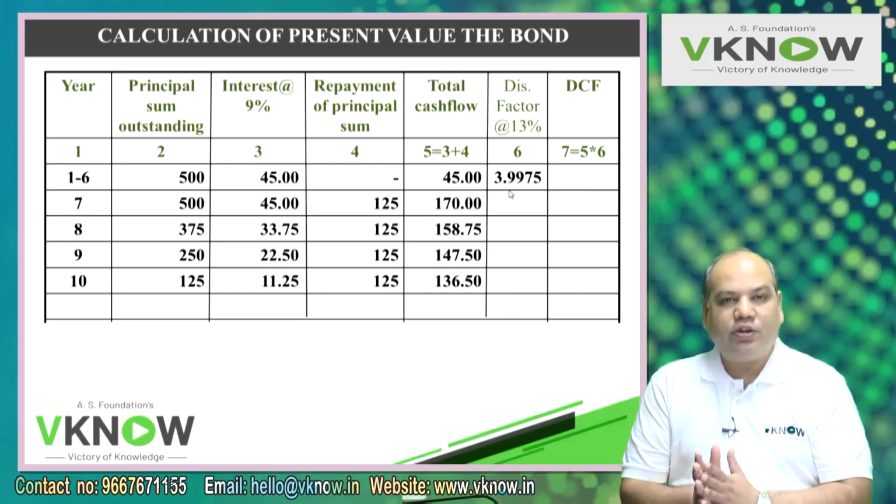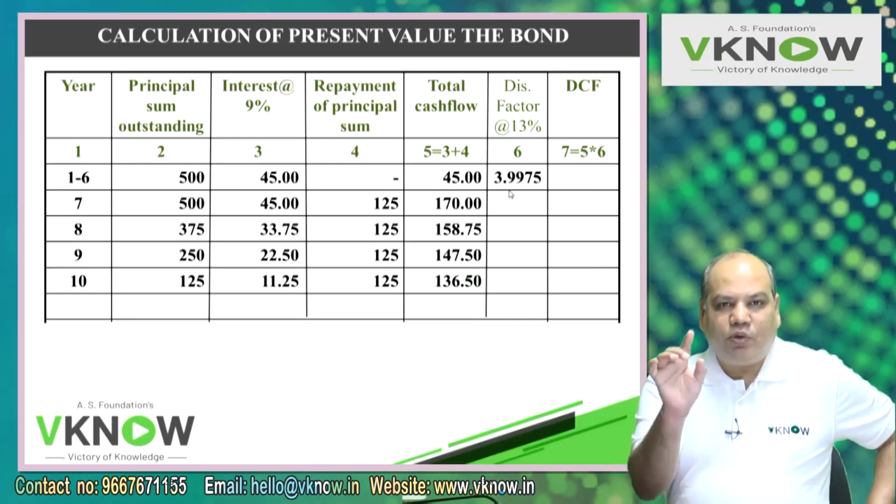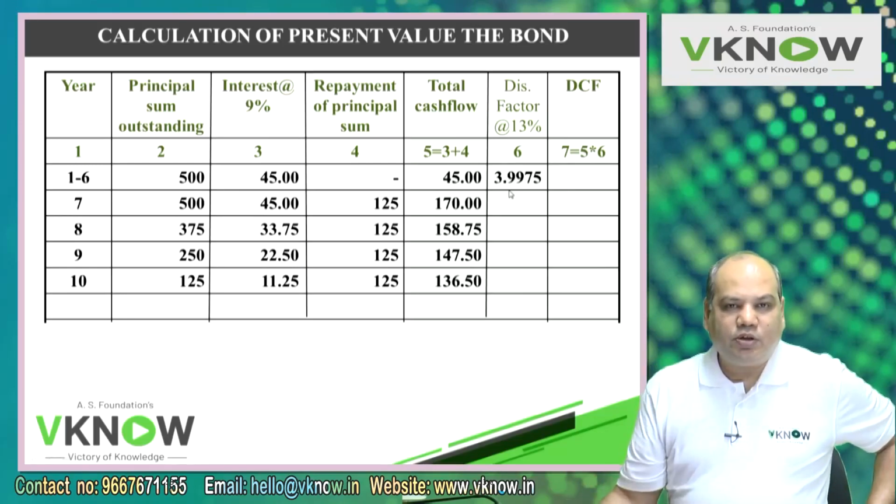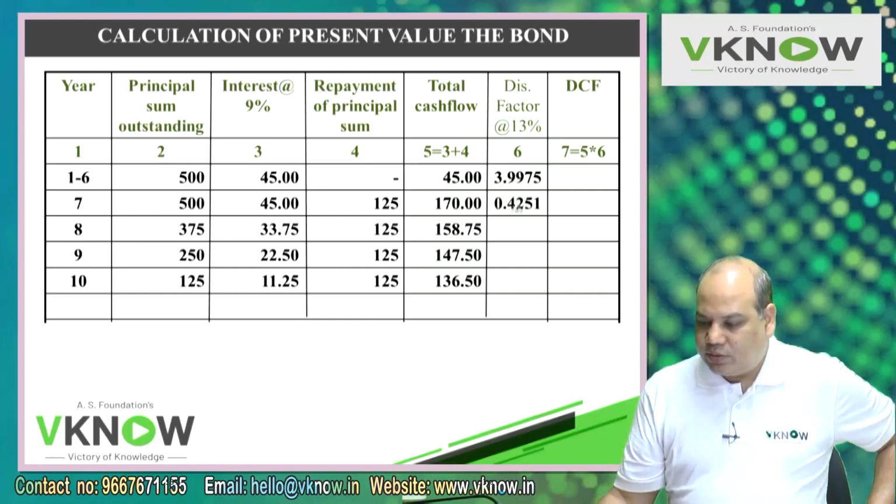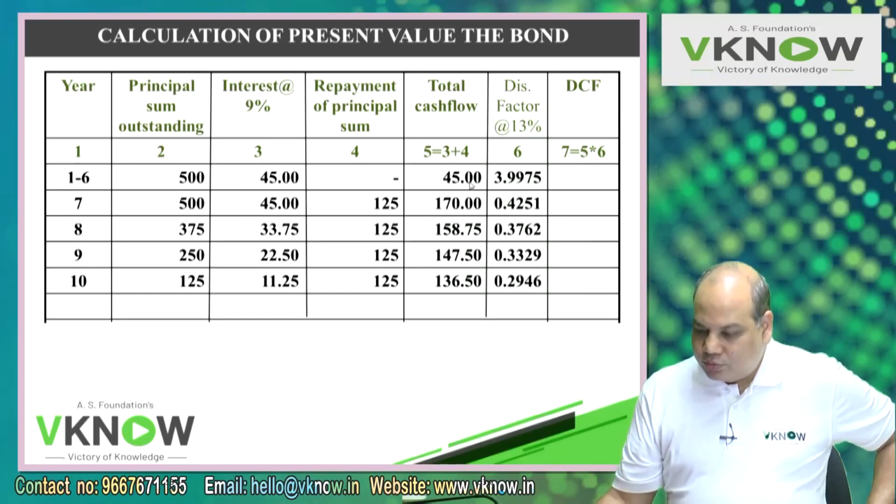Now come to the 7th year. As usual, 1 divided by 1.13 equal to, 7 times. That 7th number is 0.4251, equal to again 0.3762, equal to again 0.3329, and equal to 0.2946.